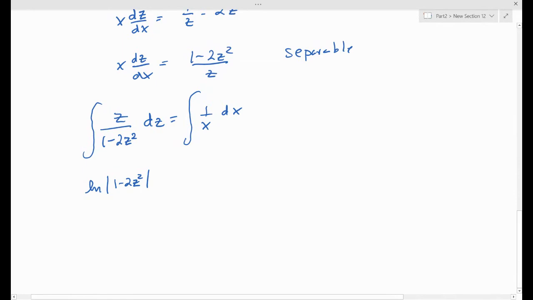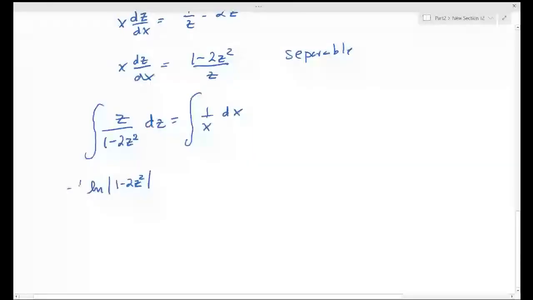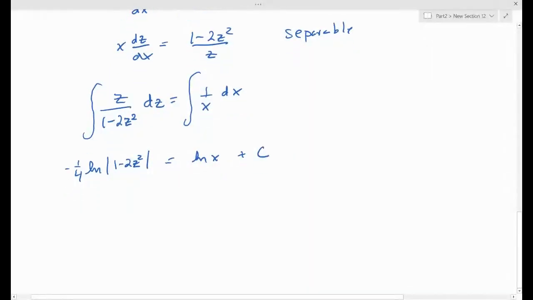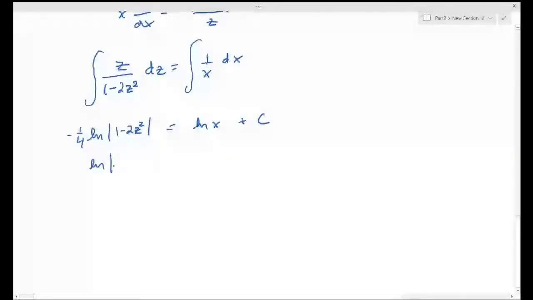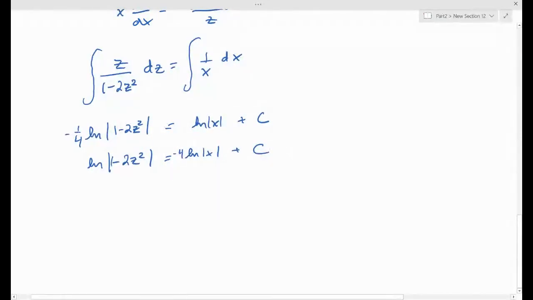We have to divide by -4. Okay. I would probably multiply by -4. Take my time. Now, -4 times an arbitrary constant is still an arbitrary constant.